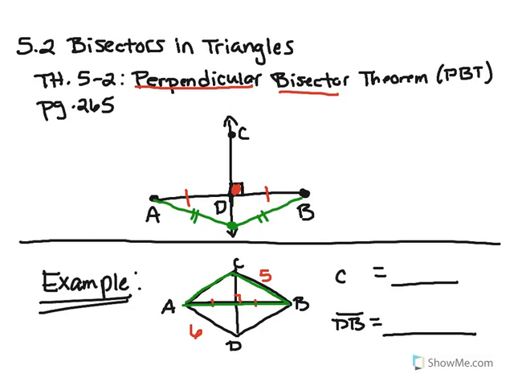So CA. Because this segment over here is congruent to this segment, both with the red tick marks, that follows my theorem 5-2, the perpendicular bisector theorem, and then this side, CA, must also have a length of 5. So then how do we find the length of DB? And the answer is the same exact thing.